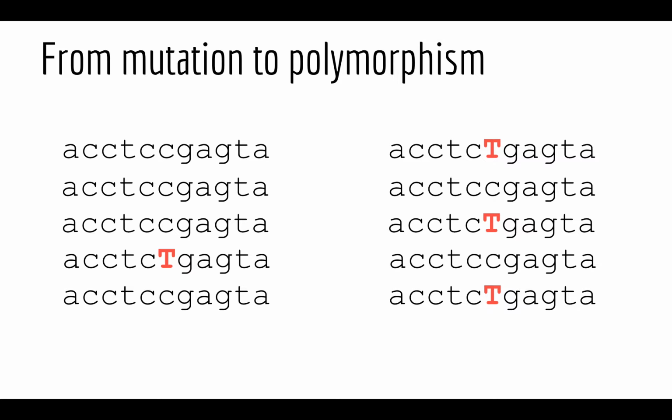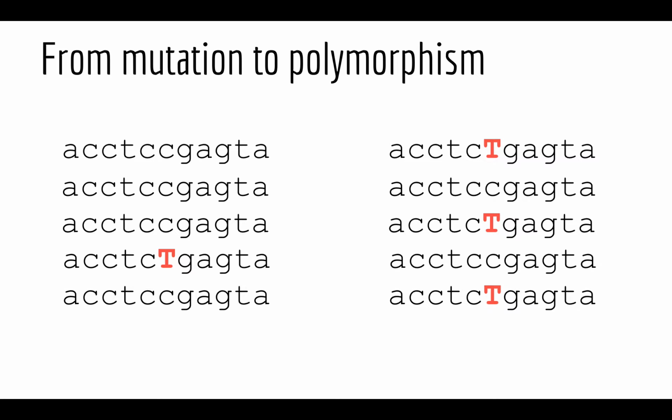So the frequency of that polymorphism is 1 over 2 times the human population size. If that kid grows up, has kids, and passes that now polymorphism on, the frequency has increased, right? There are several offspring that have that polymorphism.